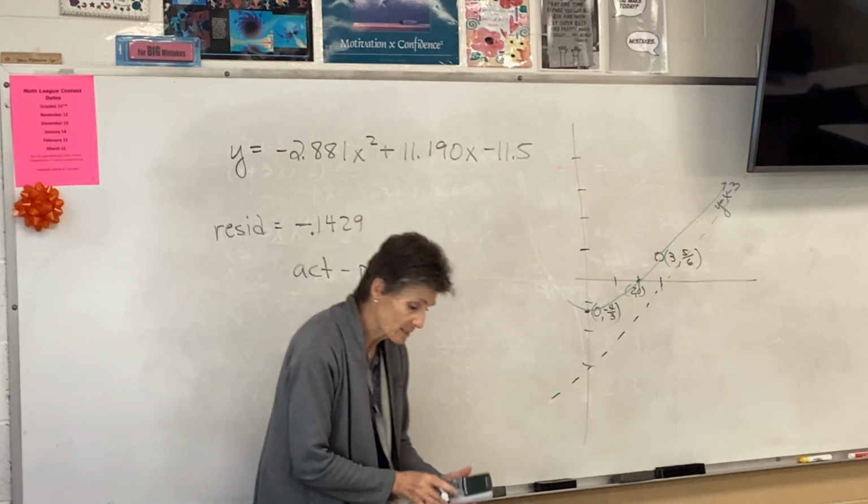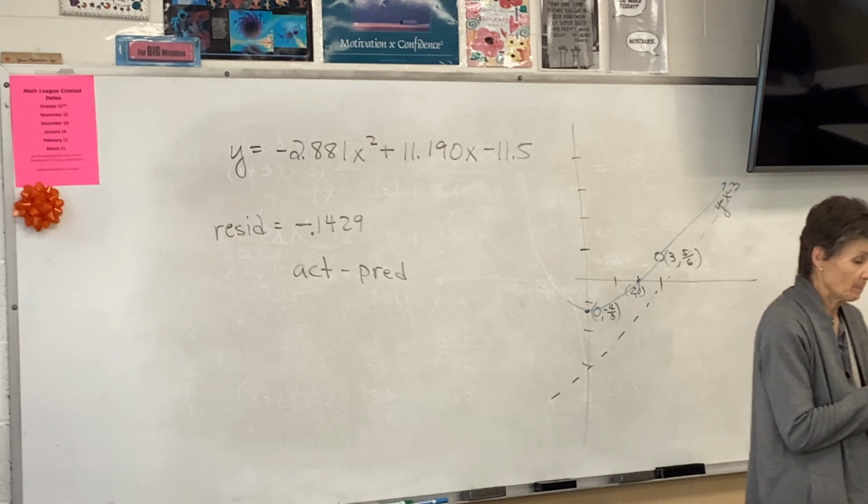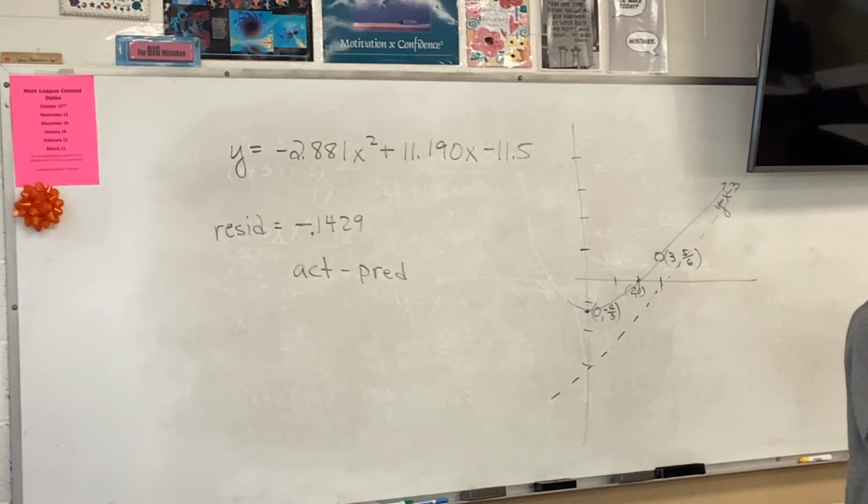All right, now we need a residual plot. We haven't done one of these in a couple of days. Who remembers how we do a residual plot? Well, first we gotta go to stat plot. And we gotta turn, I don't know if your plot's on or off, but you gotta turn it on.